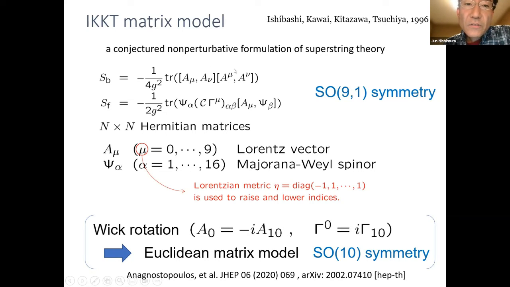As is obvious from this action, the model has SO(9,1) Lorentz symmetry of 10 dimensions. You can also make a Wick rotation like this to obtain the Euclidean matrix model, which has SO(10) symmetry. This Euclidean matrix model has been studied some years ago.